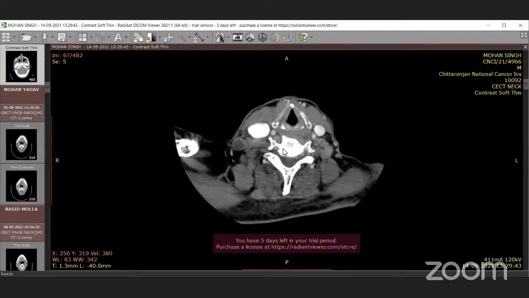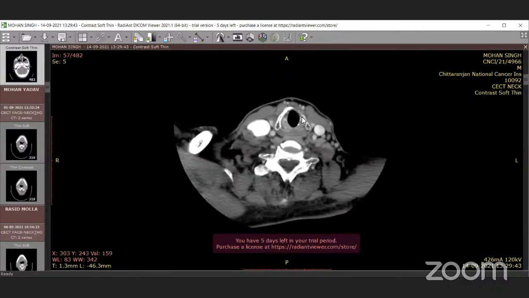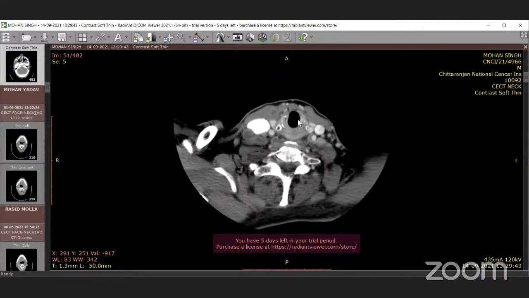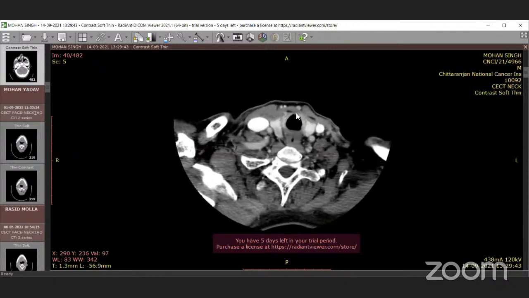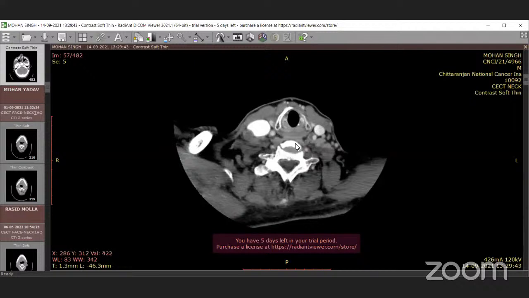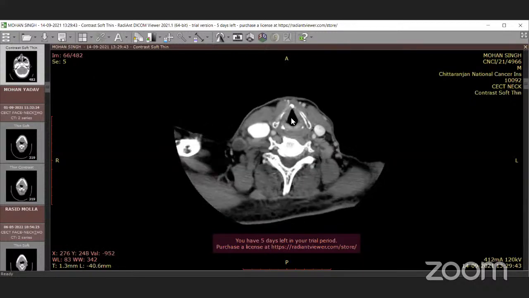Therefore, for surgical purposes, as the anterior margin of the cricoid is complete way inferiorly, compared to the posterior margin, which is complete way superiorly, whenever there is a subglottic extension anteriorly, roughly up to 1 centimeter below the level of the anterior commissure or the true cord, it does not preclude surgery.